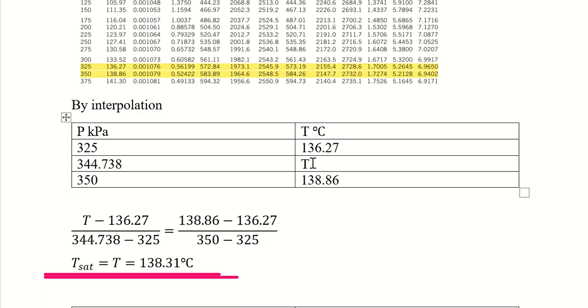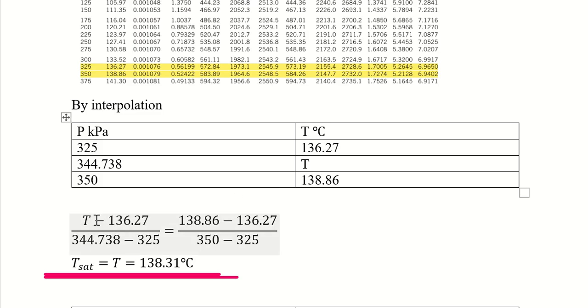You're quite certain that since this pressure value is greater than this but lower than this, the temperature here must be greater than this but lower than this. That's why you subtract. You see here, you don't know the actual value of T, but mathematically, you make an educated guess: the temperature must be greater than this, but lower than this.